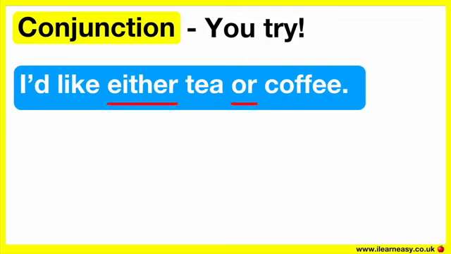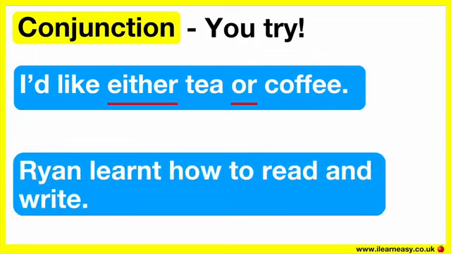These are examples of correlative conjunctions. Ryan learnt how to read and write. The conjunction in this sentence is and. It's a coordinating conjunction.